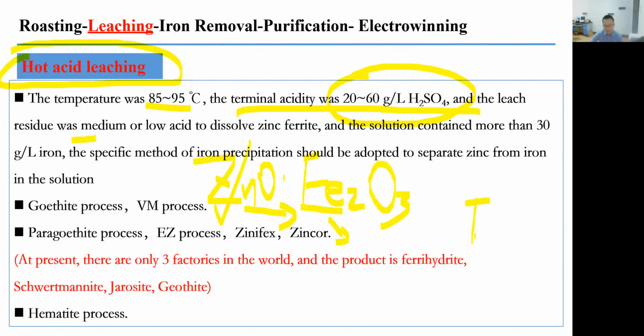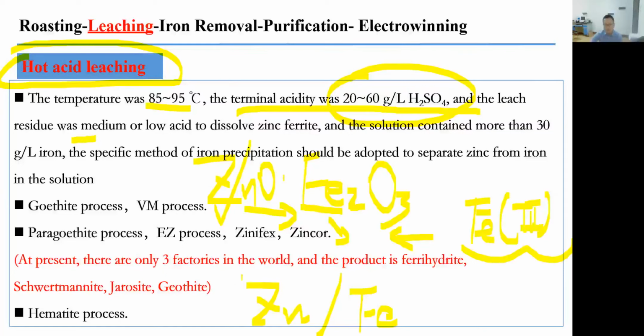So a large amount of iron, Fe3+, ferric iron, will also move to the solution phase. And as I have mentioned, we should separate zinc from iron, and now both zinc and iron move to the solution phase. So the separation of zinc and iron should be realized in the aqueous solution phase.